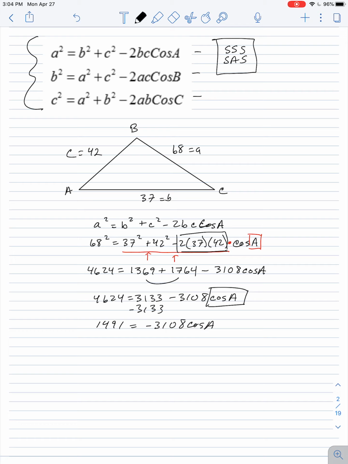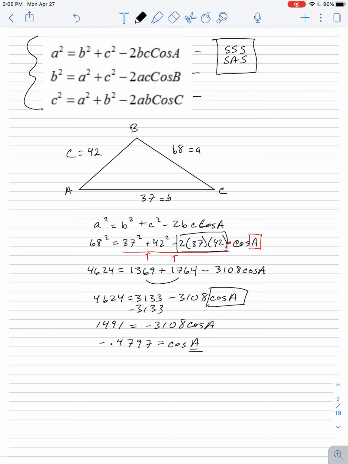And then I'm going to divide by 3108. And I'm going to get negative 0.4797. Please do not round this number. Use inverse answer if you're going to recalculate with this number, or store it, please.